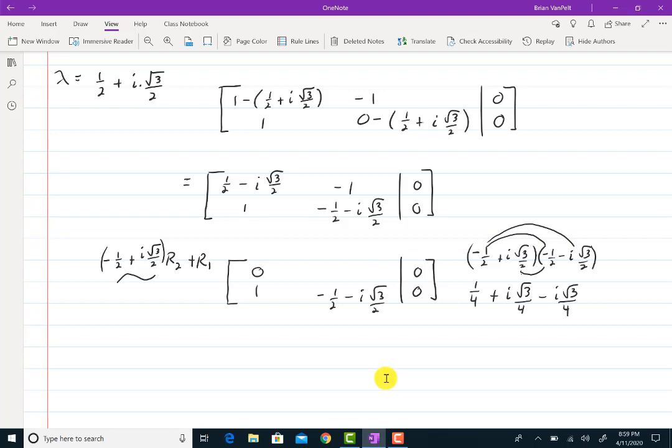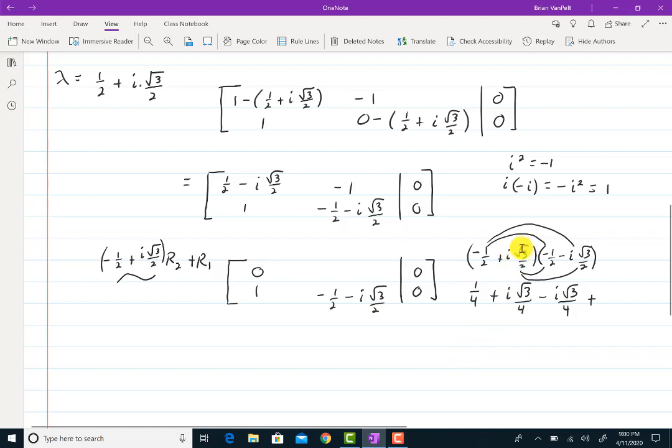And then this right here, the last, I'm going to get i radical 3 over 2 times negative i radical 3 over 2. Remember, we know that i squared equals -1. So when I do i times -i, I get negative i squared, which is -1. I made a mistake. Negative i squared, of course, is positive 1.